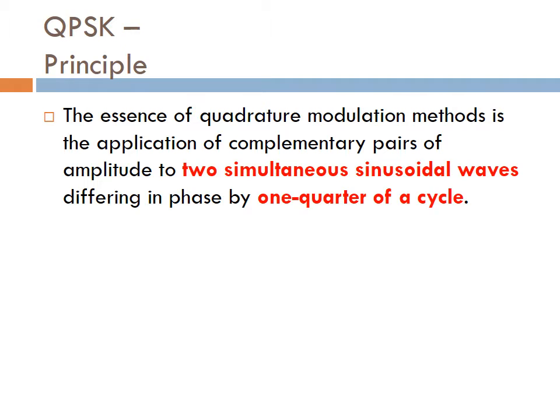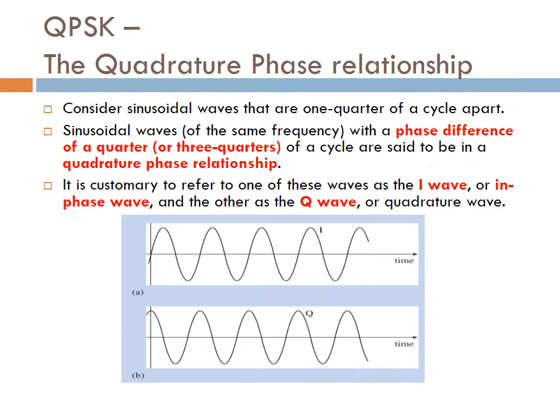It's customary to refer to one of these waves as the I wave, as represented in the following figure, or in phase wave, so the one that starts from 0, and the other as the Q wave or quadrature wave, as shown in the second figure, part B. So I wave is the in phase wave and Q wave is phase shifted by a quarter of a cycle.